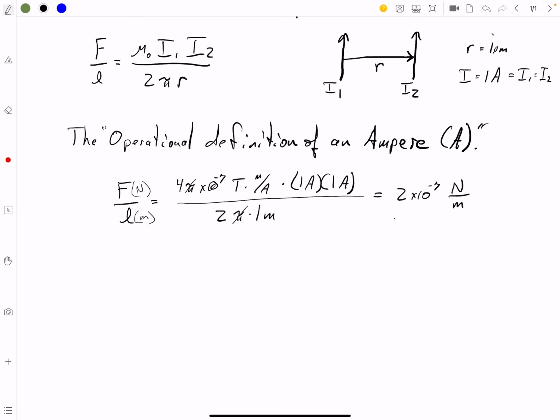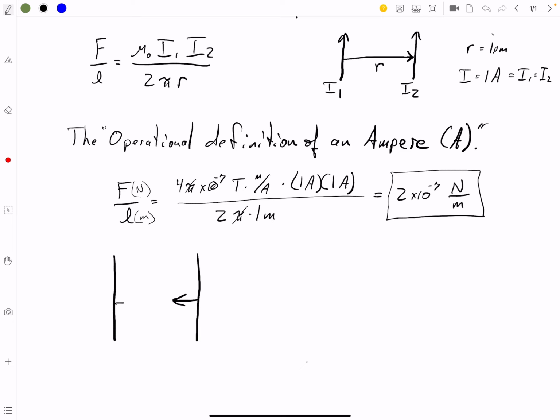But look, this right here is how we know when we have a force between two wires. So here's what really happens. They have the two wires, and they are attracted to each other by this force.